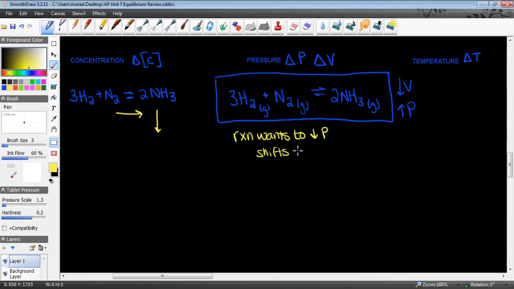It shifts to the side with fewer moles of gas. In this case, there are fewer moles of gas on the product side. So if it makes more product, you're going to get less pressure inside that container because you've got two diatomic molecules coming together to form a bigger molecule. You've got 4 moles of gas turning into just 2 moles of gas, and the pressure is going to drop.